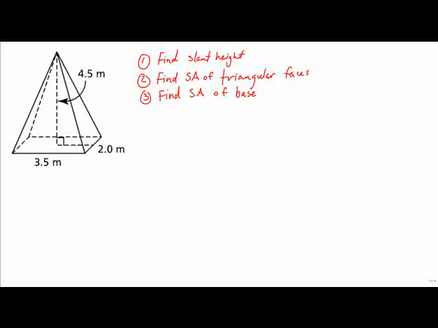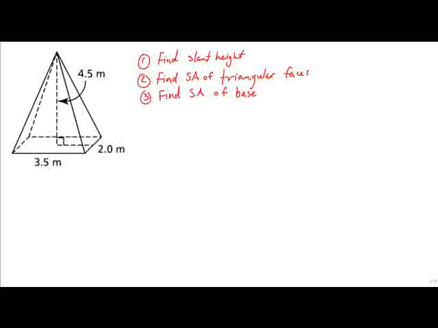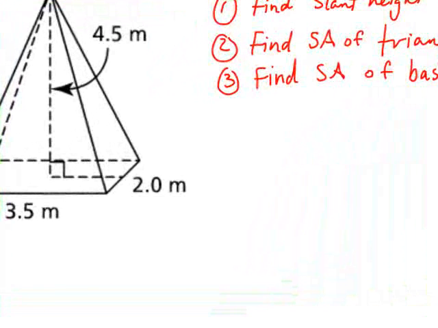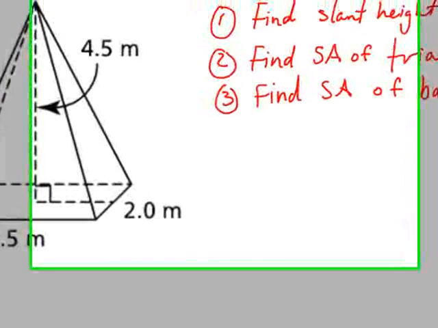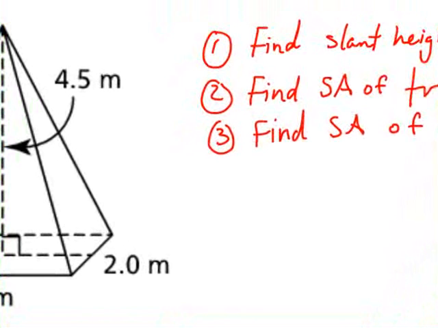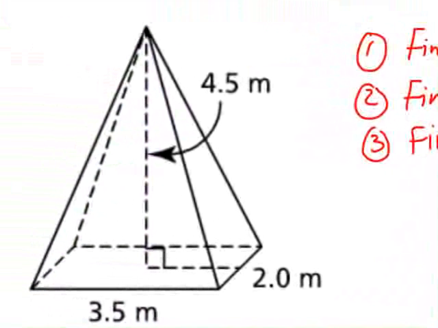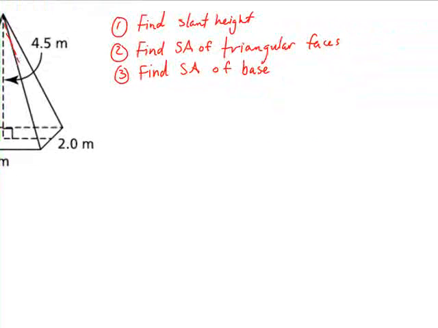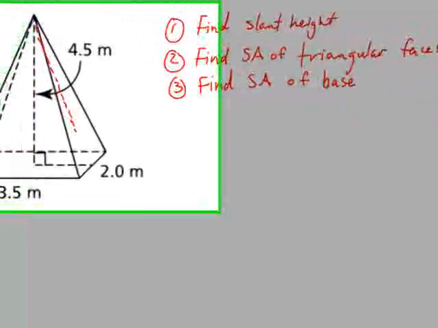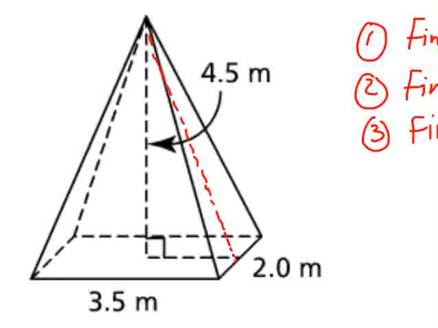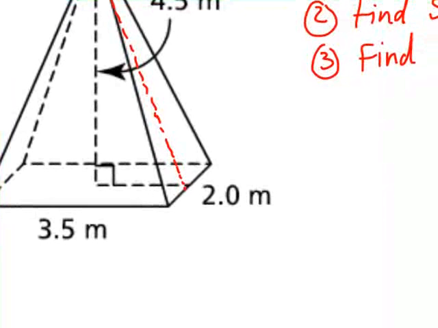So we're going to calculate the surface area of this rectangular pyramid, and we're going to do it in 3 steps. The first step being that we need to find the slant height. If you notice, it gives us the height of the pyramid from the apex down to the base. What we need to know is the slant height, and we're going to find it using Pythagorean's theorem.